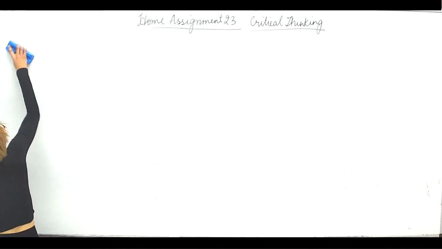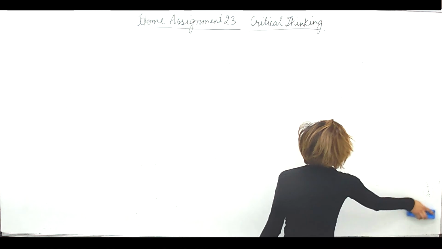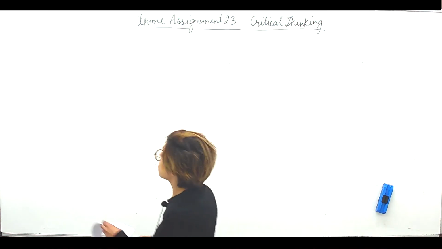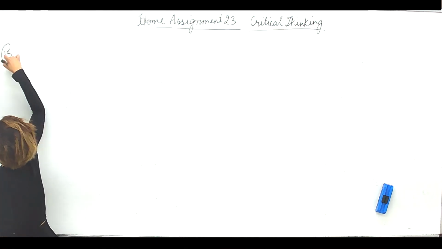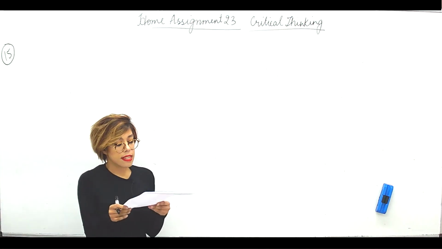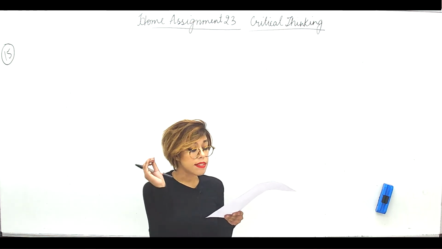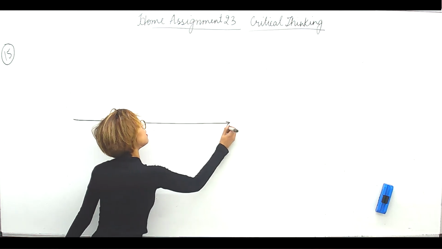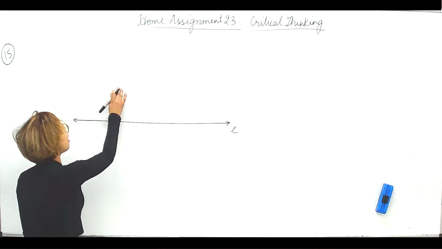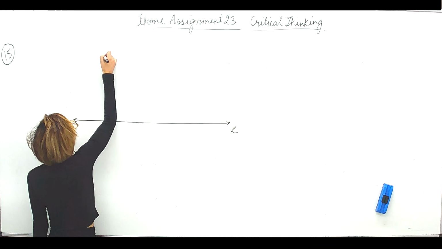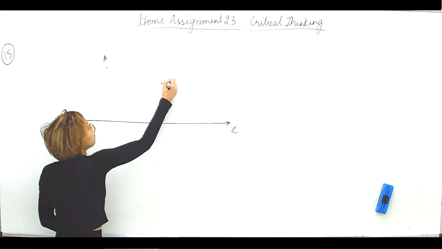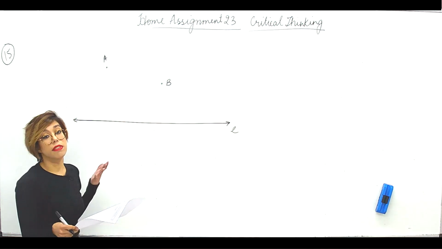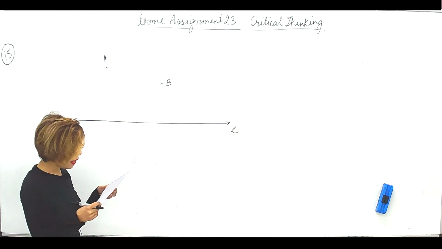He says A and B are two points on the same side of a straight line L. So let me make this straight line. This is L. And A and B are on the same side. So suppose this point is A and this point is B. And of course he says AB is not parallel to L, obviously.